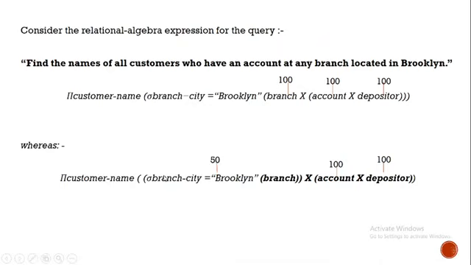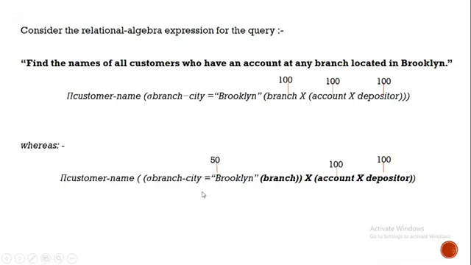Let's say the branch relation has 100 tuples, but only 50 tuples where the branch city is Brooklyn. So this expression will give 50 tuples. These 50 tuples are joined with the result of account cross depositor.